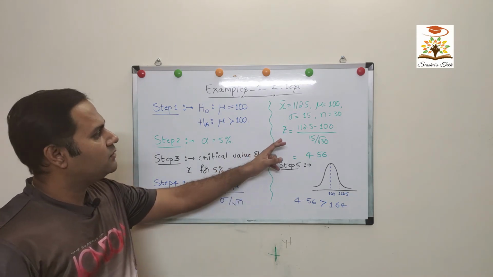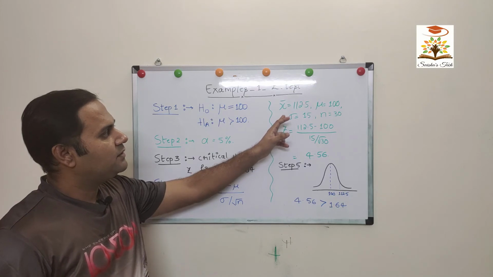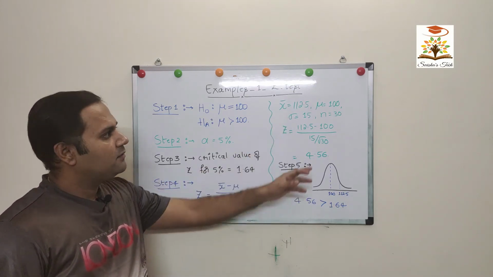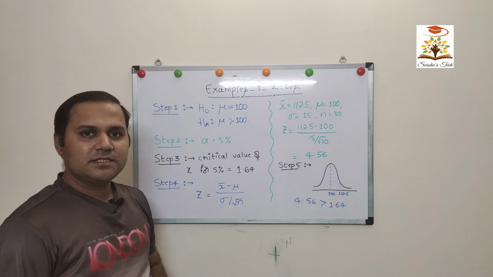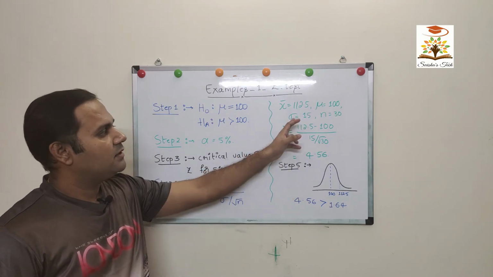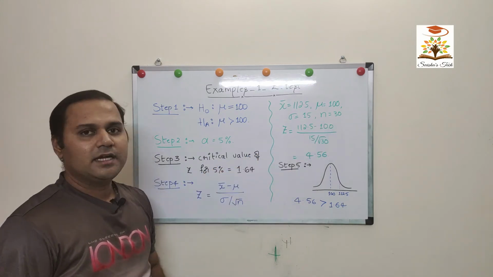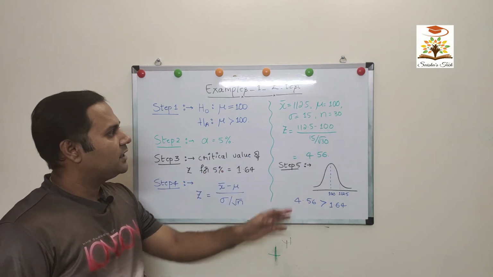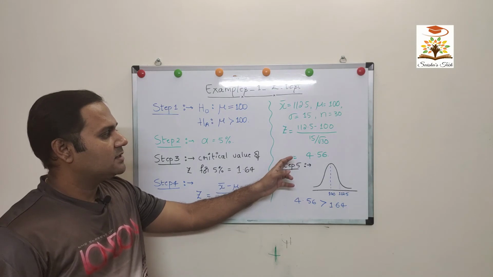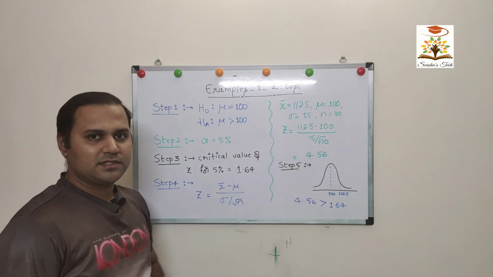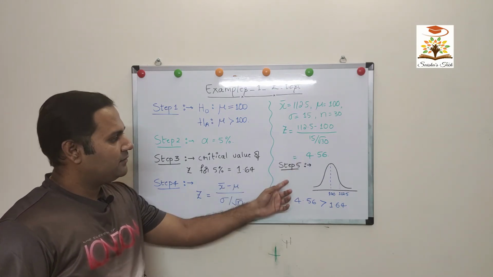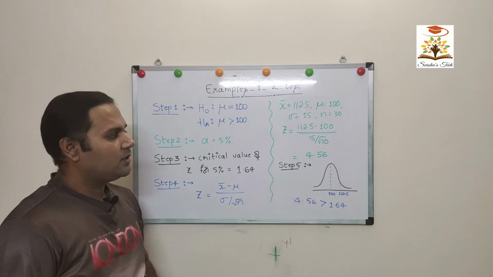So substituting the values of 112, which is the sample mean, 100, which is the population mean, 15, which is the standard deviation of the population, and 30, that is the number of samples, into the formula, we get the Z value as 4.56.